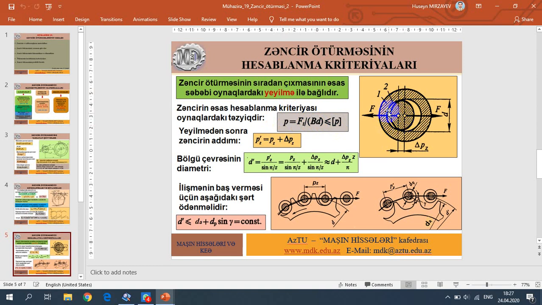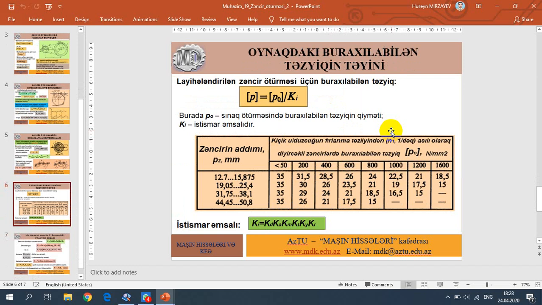This is the chain links, and this is the result of the bearing pressure. If calculated bearing pressure is not less than allowable pressure taken from the table, we must increase the chain pitch, or select another chain. Okay.